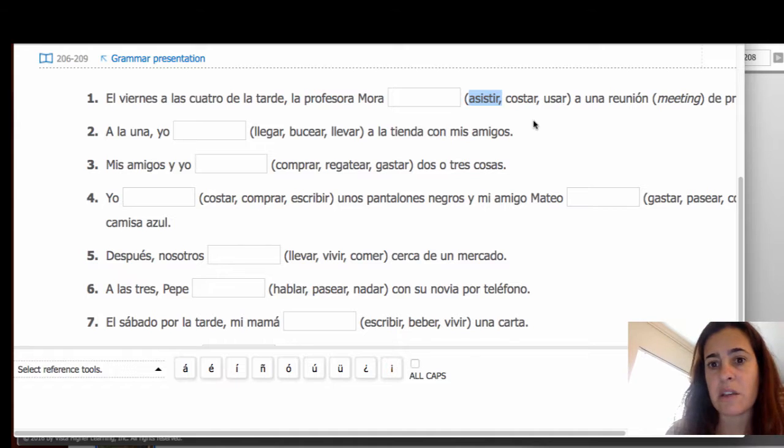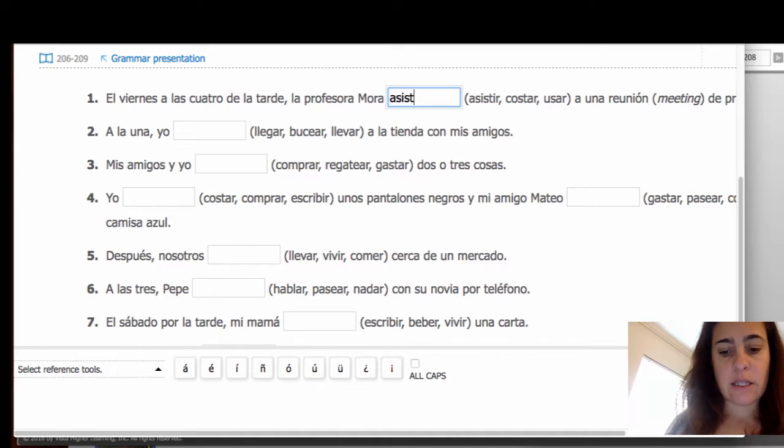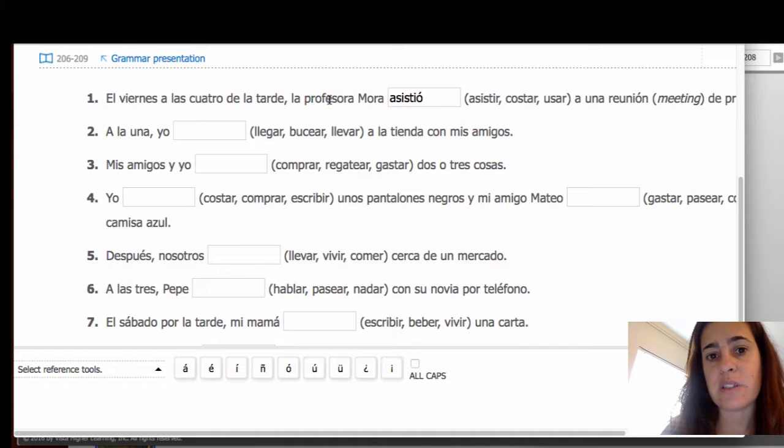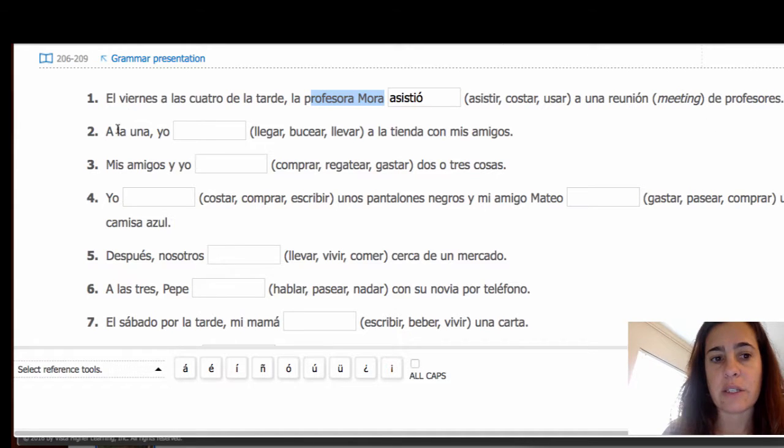You don't use a meeting, you don't cost a meeting, you go to a meeting. So she attended, asistió. So you take the verb and then you look for the third person singular that matches la profesora Mora, and asistió a una reunión de profesores.